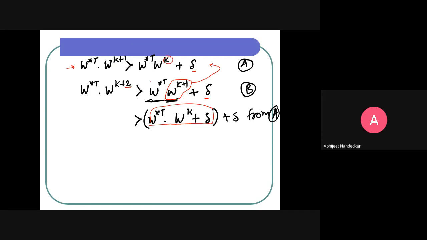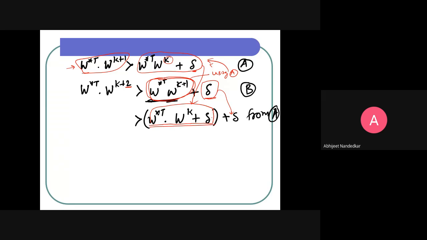This term which is here is replaced by this group, plus the previous delta. So this delta is coming here. This product we are using equation A and rewriting it.